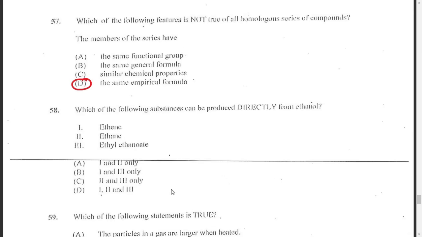If you dehydrate ethanol, you will get ethene. If you add a carboxylic acid to ethanol by the process of esterification, you will get ethyl ethanoate. In order for us to get ethane, look what happens if we prepare ethene first.